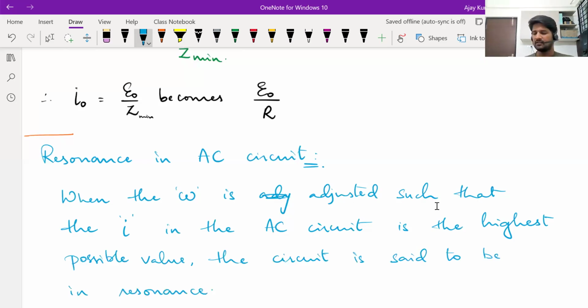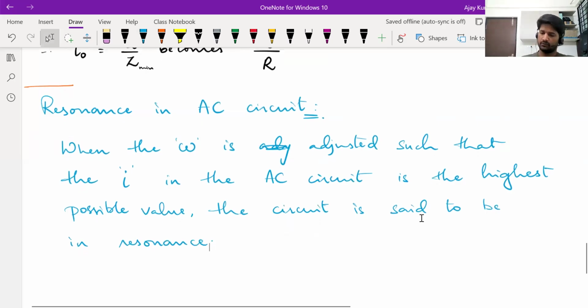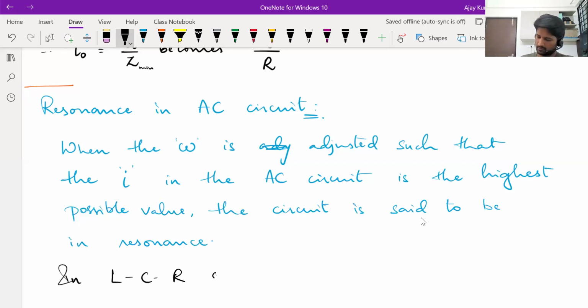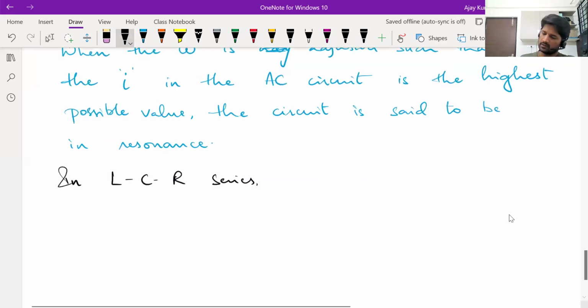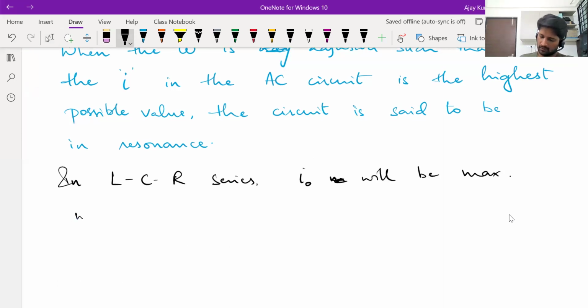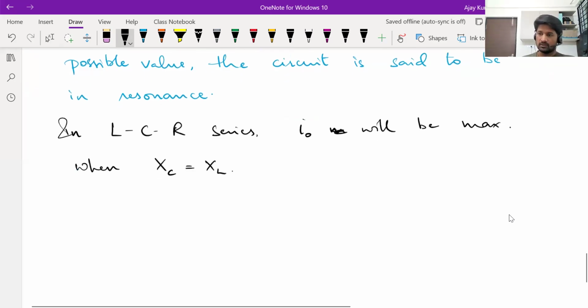Fine. So in an LCR series circuit, current will be maximum when XC is equal to XL. Under that condition, we say the circuit is in resonance.